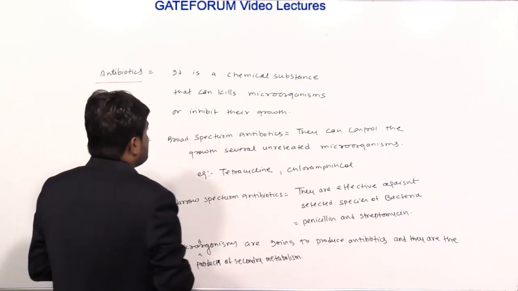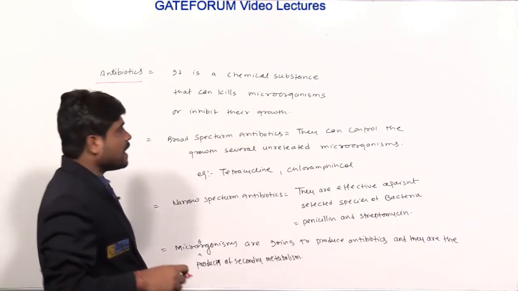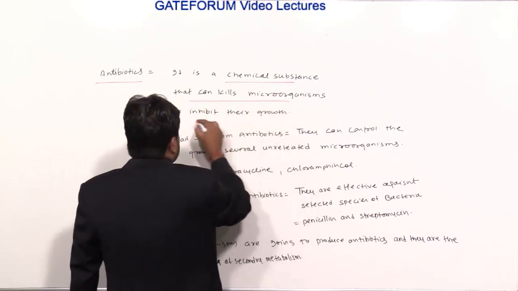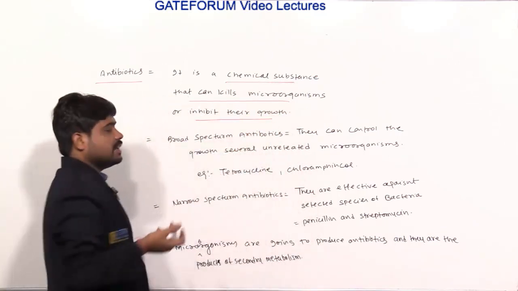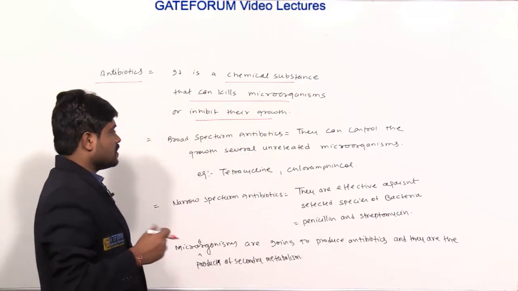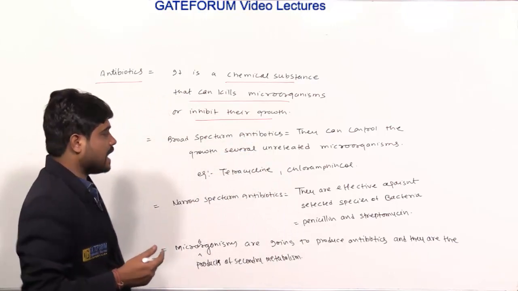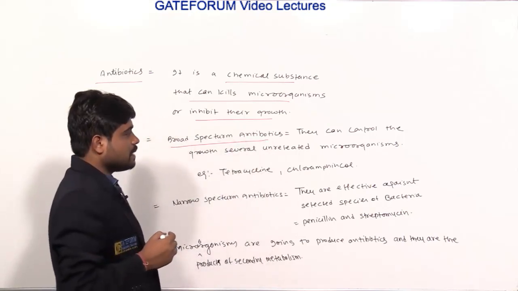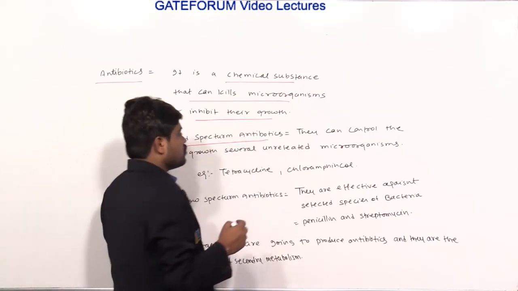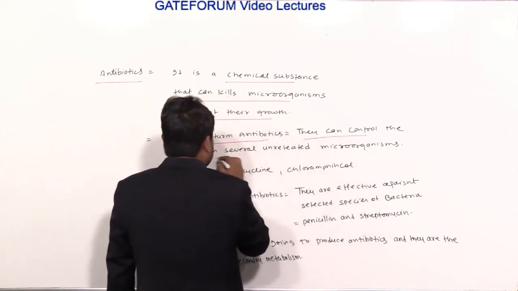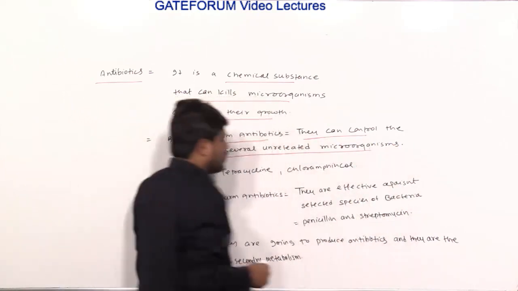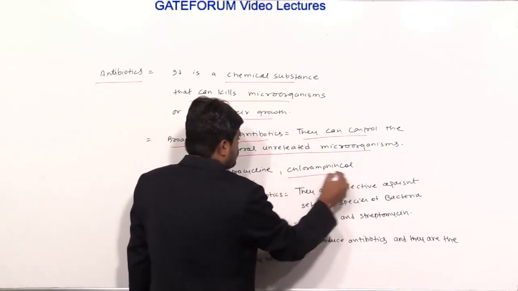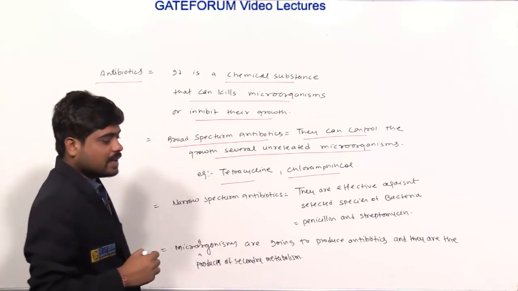The first point is broad spectrum antibiotics, which control several unrelated microorganisms and include tetracycline and chloramphenicol.